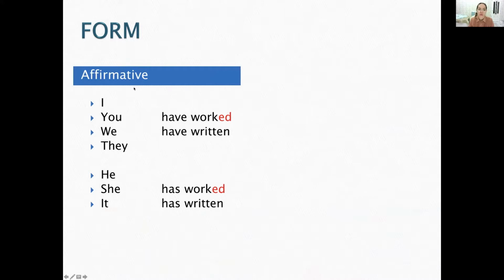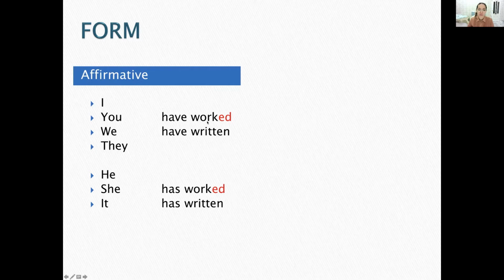So here we see the formulation of the affirmative sentence in the present perfect. Here the subject is I, you, we, they, he, she, it. Then the auxiliary verb have. In the third person it is has. And the main verb is work or write, yeah?